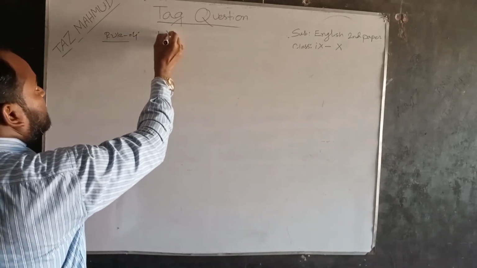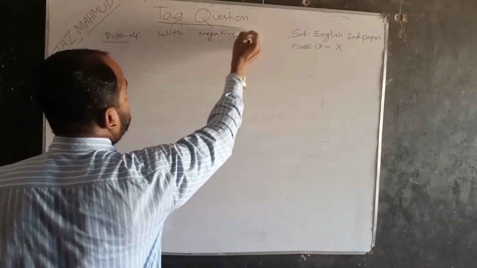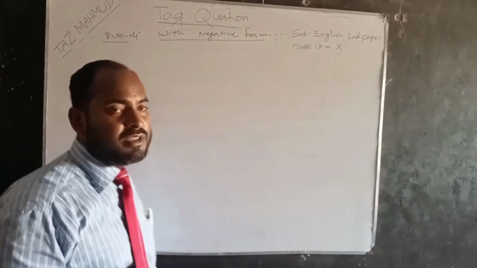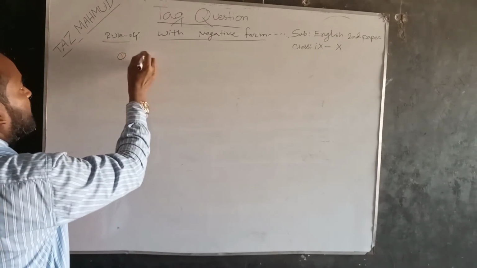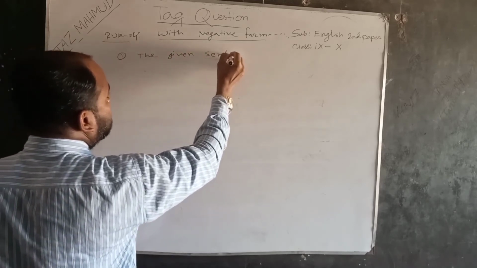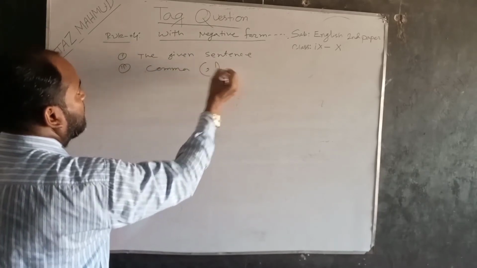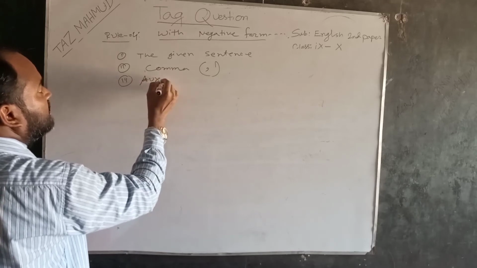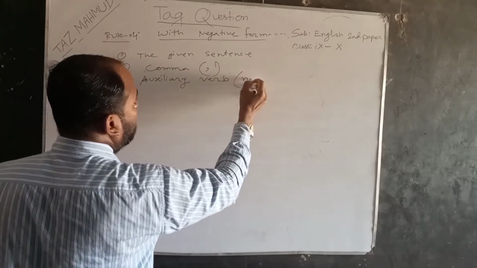If the assertive sentence is with negative form, that means if the assertive sentence includes no or not, then we have to write the given sentence, then comma, then the auxiliary verb, and not will be omitted.